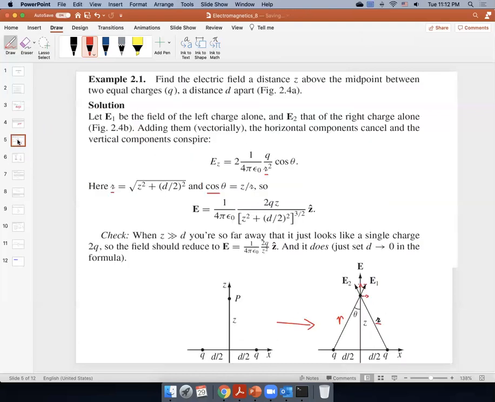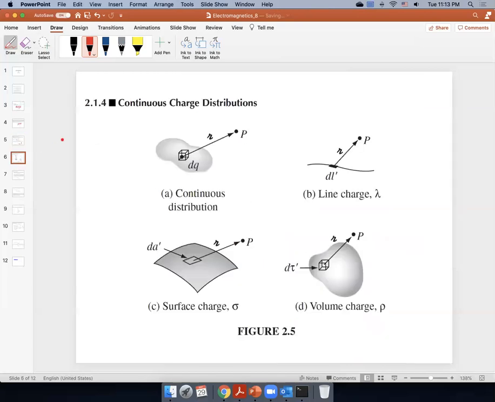Okay, so that's Coulombic equation and electric field for discrete point charges. So if you have multiple charges, they're discrete charges. But in many cases, some charges are not discrete. It's continuous charge, like continuous charge distribution in, let's say, a volume, or in a line charge, or in a surface, and in a volume charge.